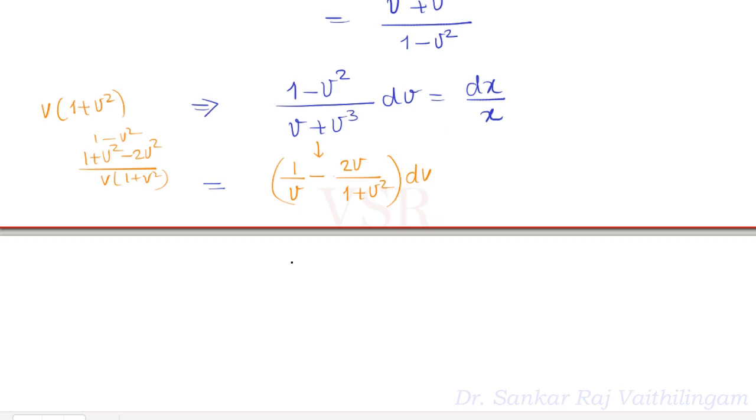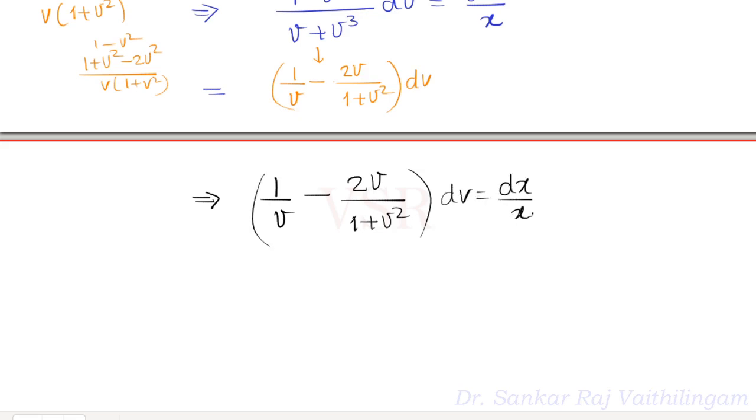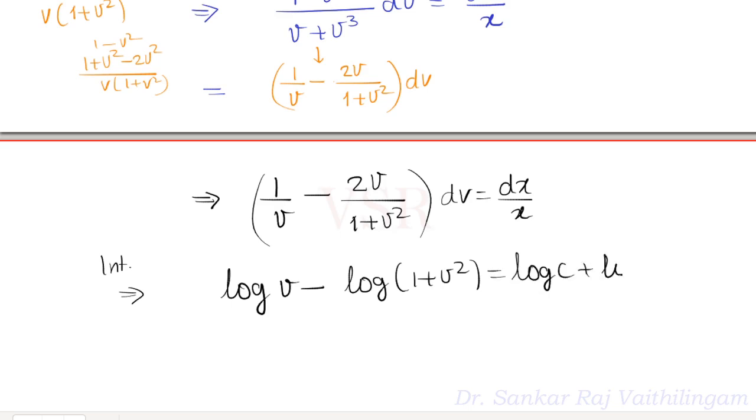So this implies that 1 by v minus 2v divided by 1 plus v square, the whole thing into dv, is equal to dx by x. So this implies that integrating, what do we get? This is log v minus, differentiating gives 2v, so log of 1 plus v square, which is equal to log x plus log c.